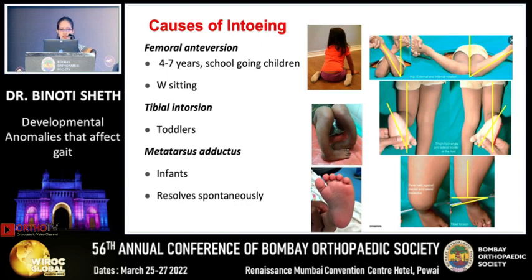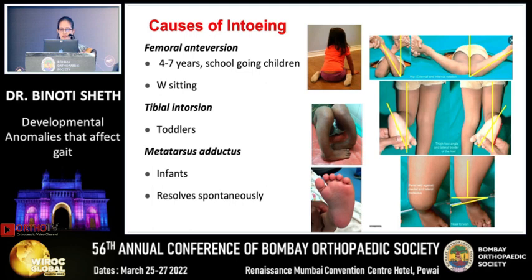If a child walks with in-toeing at about 4 to 7 years, a school-going child, most of the time that is because of femoral anteversion, and they typically give the history of W-sitting. In toddlers, it may be because of tibial intorsion, and in infants, it may be because of metatarsus adductus, and the majority at that age are considered physiological and resolve.